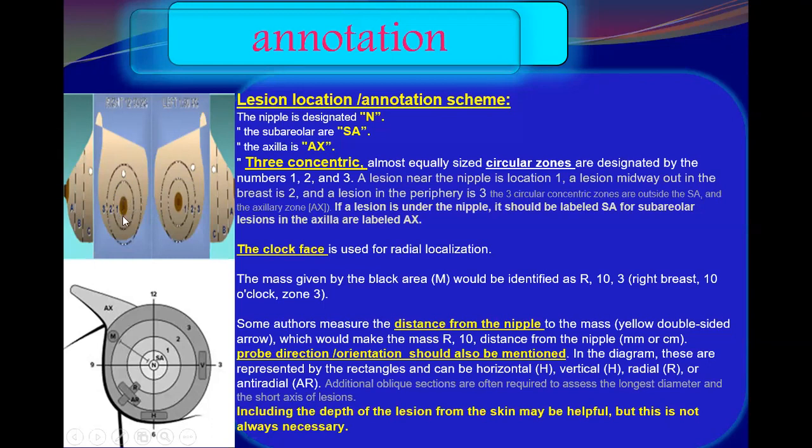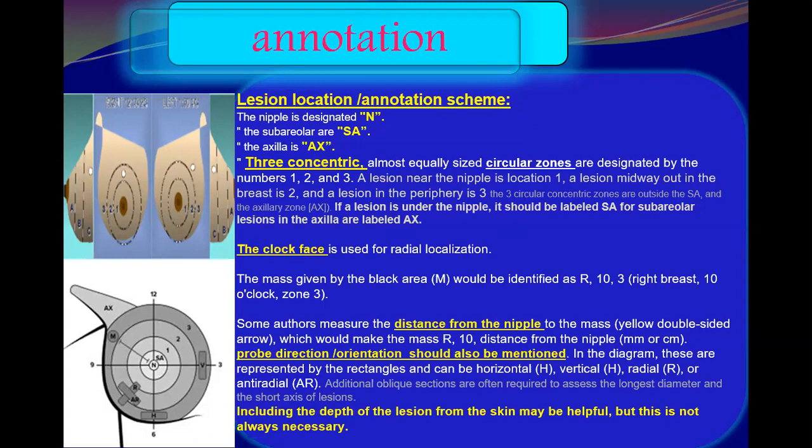Zone 1 is the closest to the nipple, but is not at the nipple area. It's not behind the nipple. The nipple is not included. The area near the nipple is zone 1, zone 2 is in the middle, and zone 3 is the peripheral. Divide the breast into 3 equal zones around the nipple, then middle, and then peripheral.